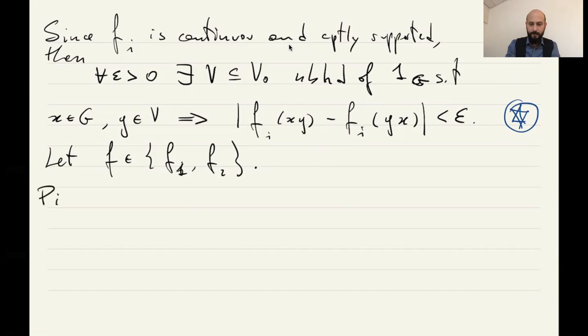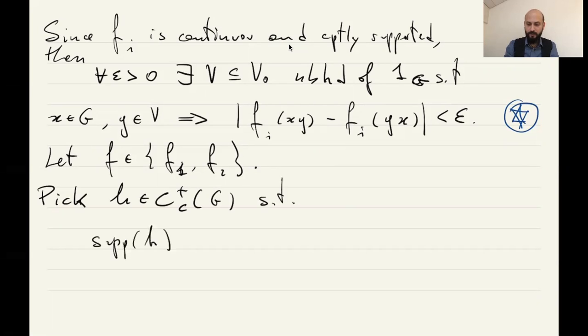Now pick h in C+ such that we take the support of h inside V, and we want it symmetric: h(x) equal to h(x minus 1).